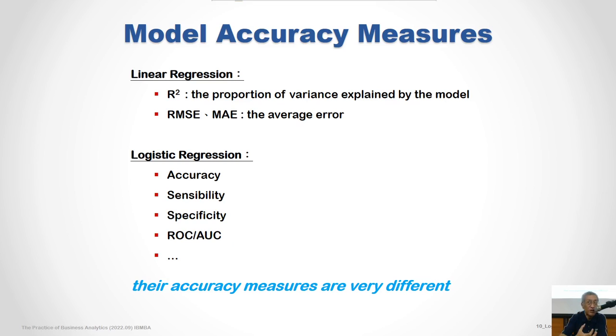The accuracy measurement on a binary model, a probability model, is very different from that of a linear model, and it has a very important implication on business decision making.